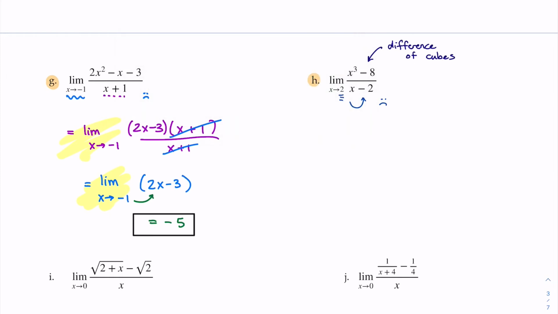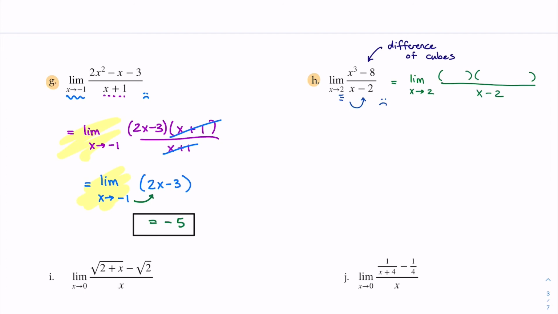So we are going to say this is the limit of x as x approaches 2 of some factor and another factor all over x minus 2. Now, seriously, I wasn't joking about the Googling thing.